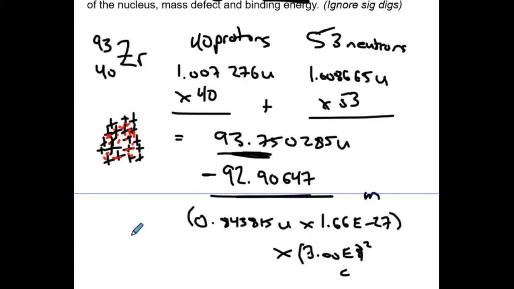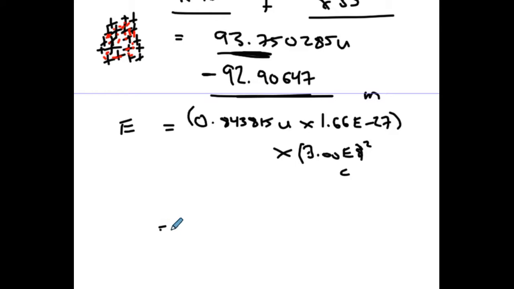This is your speed of light. And that would then be the energy that we believe is tied up in the nucleus, which is keeping all of these protons together. We call it a strong nuclear force. And so I've calculated an energy value here of 1.26 times 10 to the minus 10 joules.